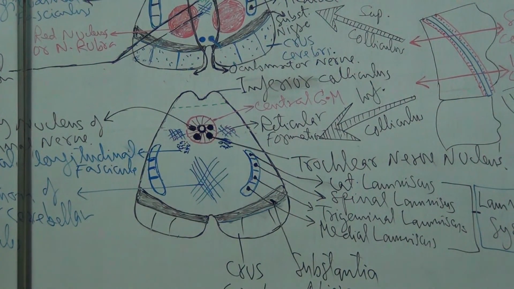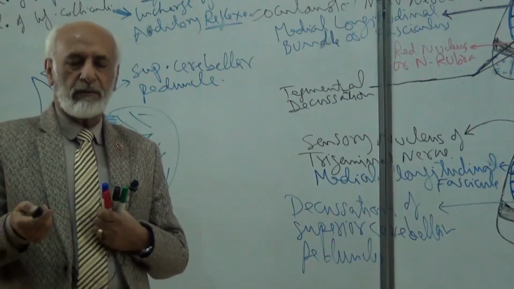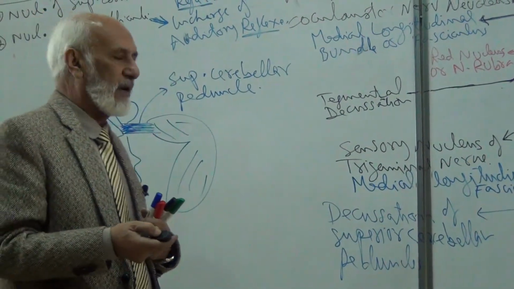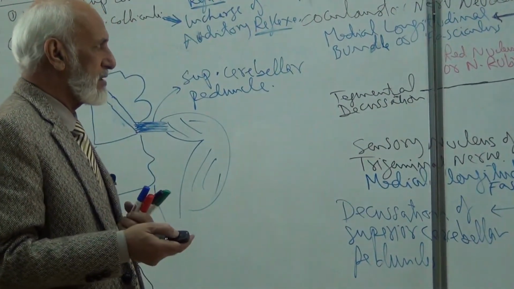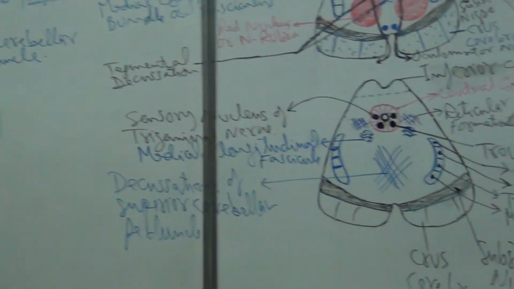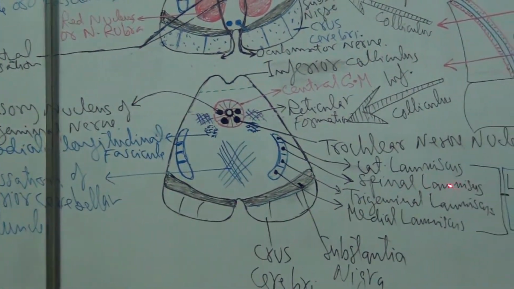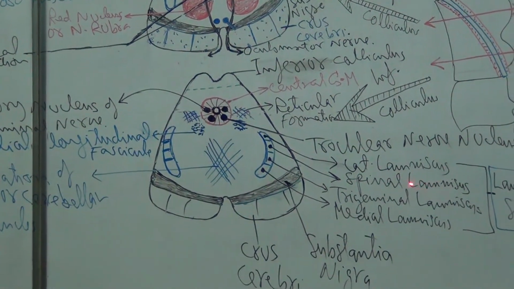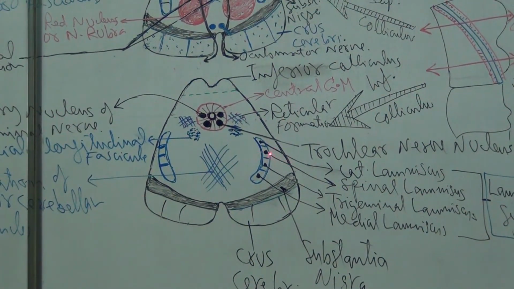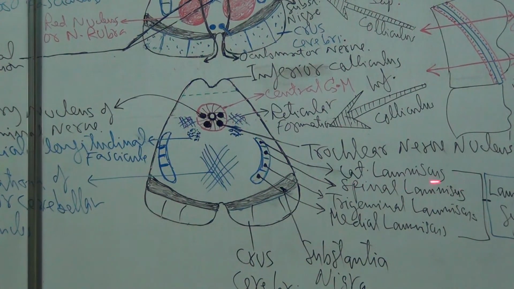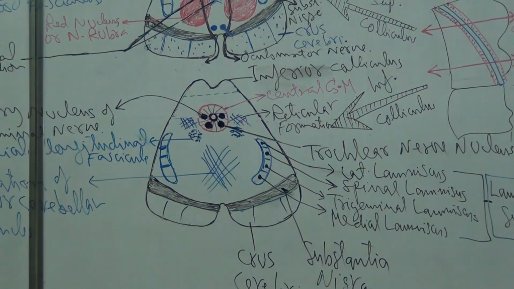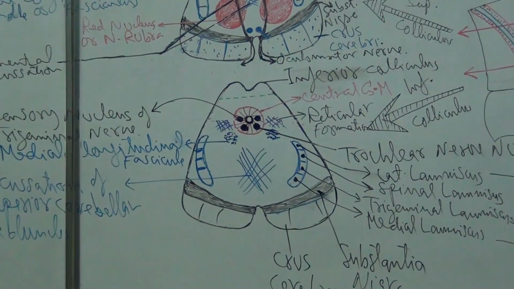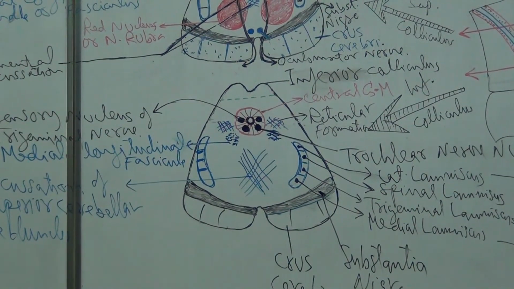The spinal lemniscus comprises two tracts, the ventral and lateral spinothalamic tracts, which join together to form the spinal lemniscus. The spinothalamic tract, or spinal lemniscus, carries pain and temperature sensations from the body.